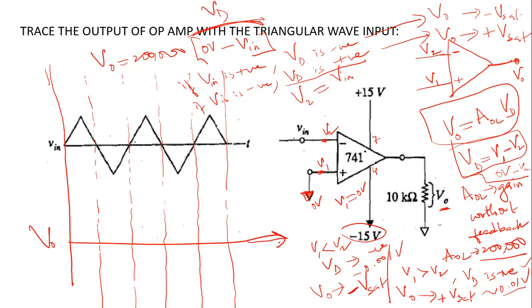Now, in this interval, between this and this, I have indicated the interval here. In this interval, what will be the V naught value? Will it go to positive saturation or negative saturation?